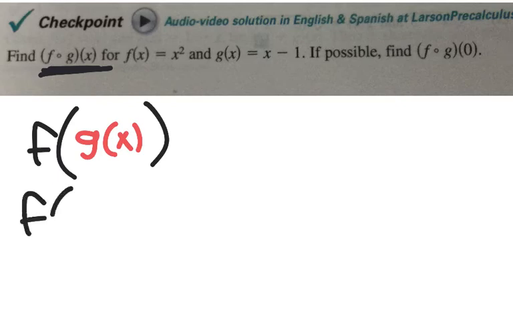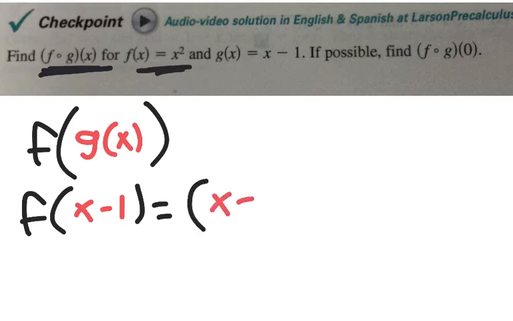G of x is x minus 1. So now I'm going to be plugging in x minus 1 to f for x. So this becomes, instead of x squared, it's going to be x minus 1 squared.